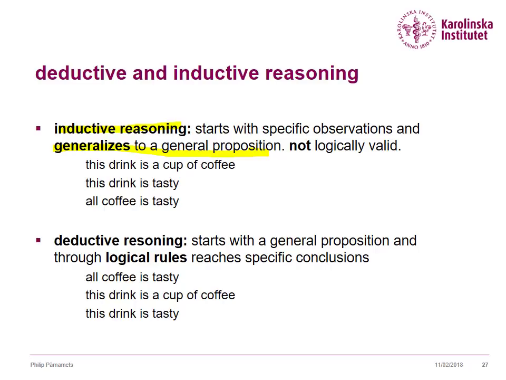So, for example, one might make an observation that this drink is a cup of coffee, and then the next observation, this drink is tasty, and from there try to make the generalization, all coffee is tasty. Importantly, this is not a logically valid form of reasoning, but it's a very important form of reasoning, and a lot of scientific reasoning is of this kind.